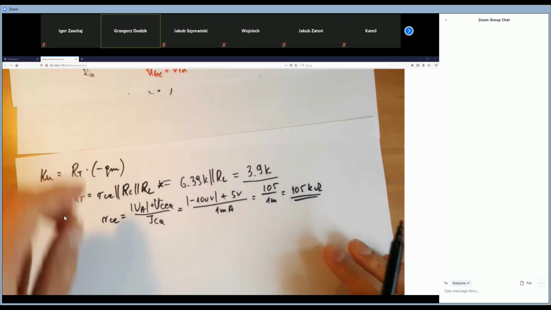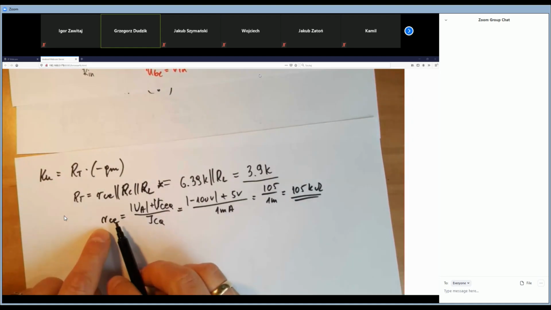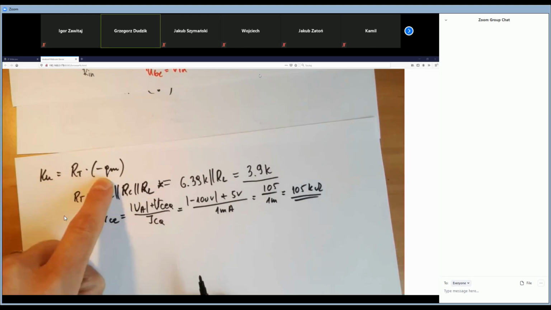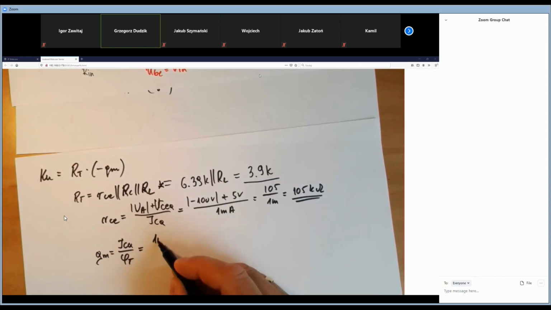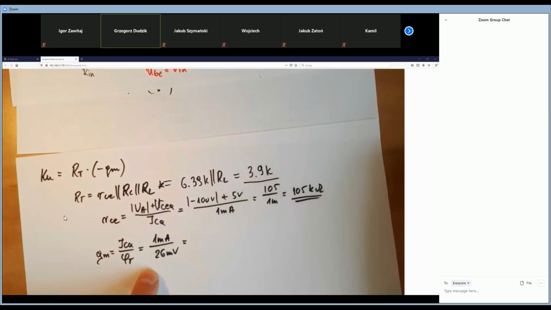Next thing, we've got the RT, so we have to find the GM. GM, as you remember, is equal to ICQ over phi t. ICQ is 1 milliamp over 26 millivolts. This is this potential phi t.